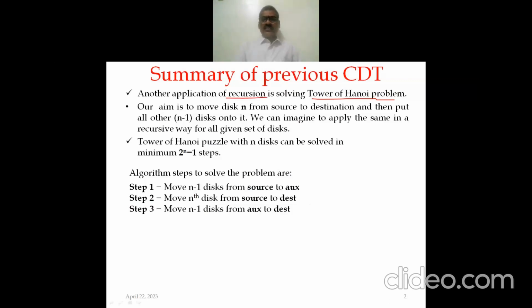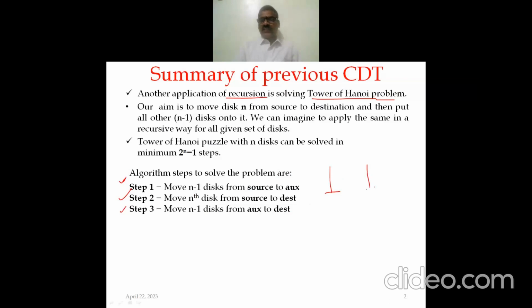And this Tower of Hanoi problem can be solved by making use of three important steps. So we have three pegs, or towers, and we want to move n number of disks from the source tower to the destination tower by making use of an auxiliary tower.